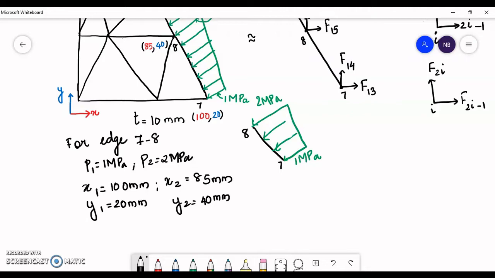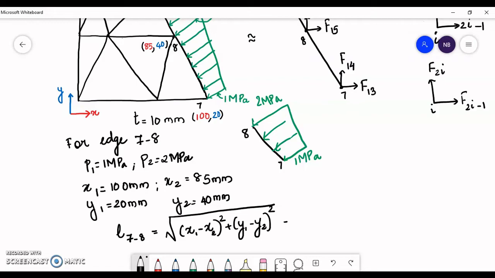Now to find the length of 7, 8, it is under root of x1 minus x2 the whole square plus y1 minus y2 the whole square. And on substituting the values of x1, x2, y1, y2, we get the length of 7, 8 is 25 mm.